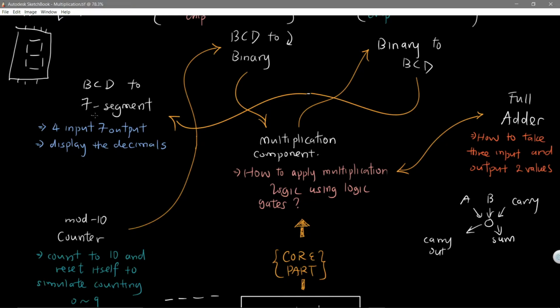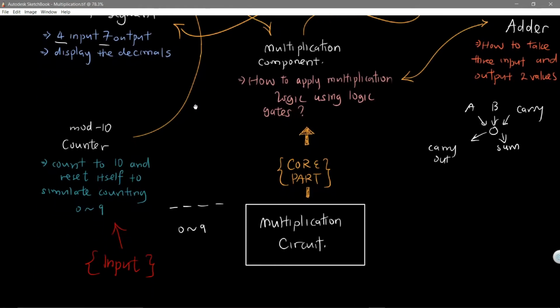So you need this component. It takes in 4 inputs and outputs 7 different signals, and it displays the decimals. So that's the overall components on how you convert a decimal into a binary, perform the operation, and then convert binary back into decimal again.